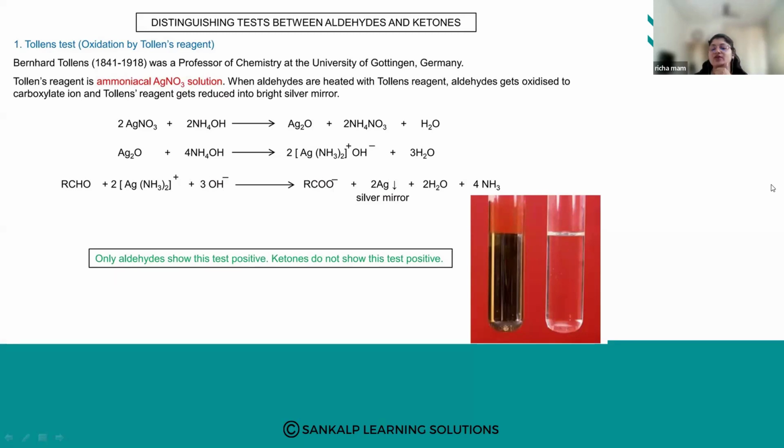Ketones won't react. Both aliphatic as well as aromatic aldehydes give a positive test. Tollens reagent is ammoniacal silver nitrate solution, with the formula [Ag(NH3)2]OH.